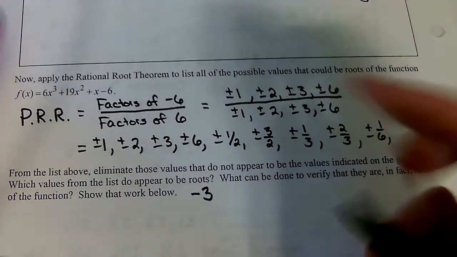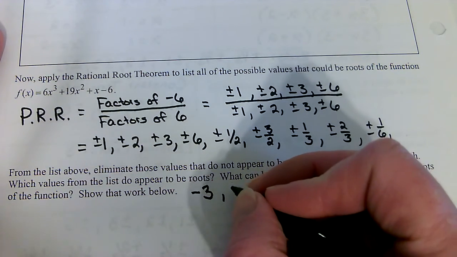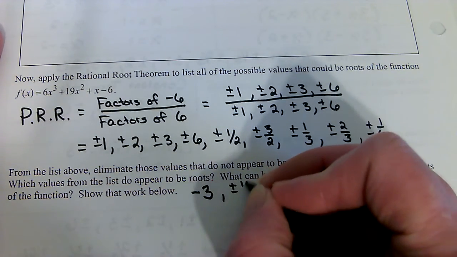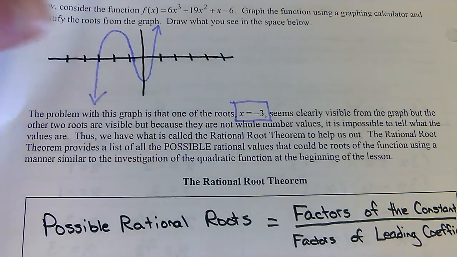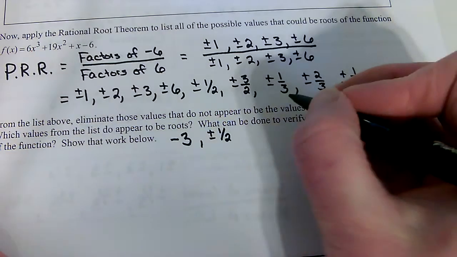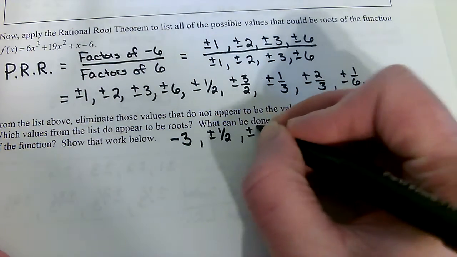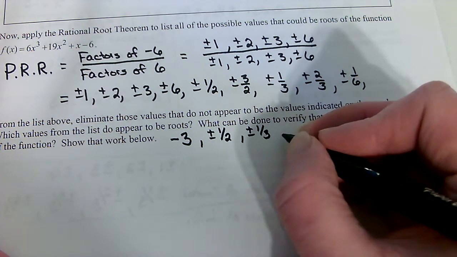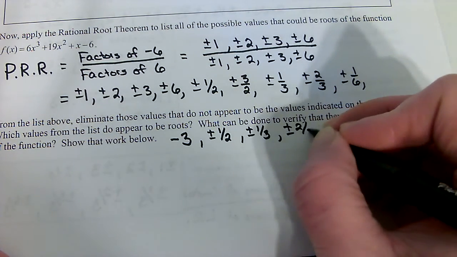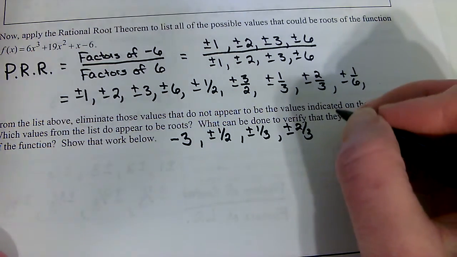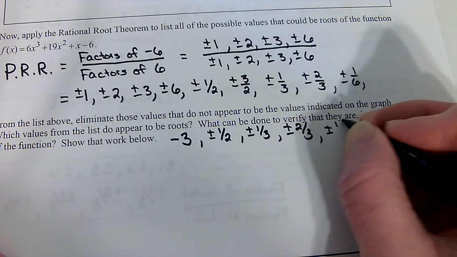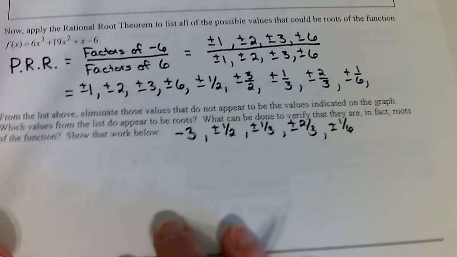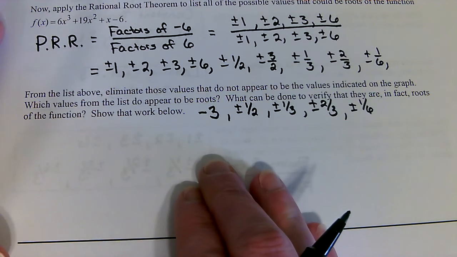Yeah, could -1/2 be one? Yeah, those are possibles. What about 3/2? That'd be 1.5. Nope. Could 1/3? Yeah. Could 2/3? Yeah, because we were between 0 and 1. What about 1/6? Yeah. So, we know -3 is one.